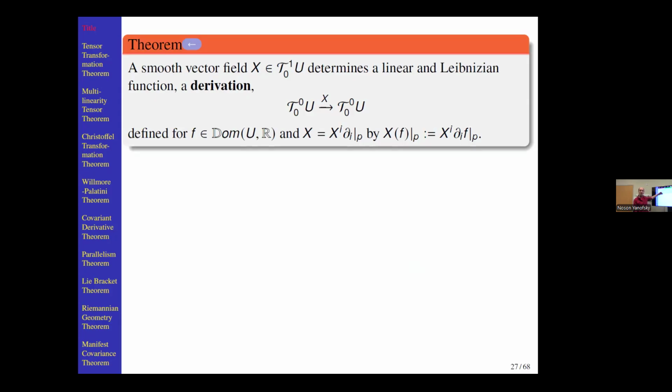So far I have had the other indices, and I didn't say it enough. Zero-zero just means smooth scalar field on a domain. Okay. And vector fields like X define an operation on scalar fields, namely directional derivative. So that's what this is about, and this is the notation that I use for it.